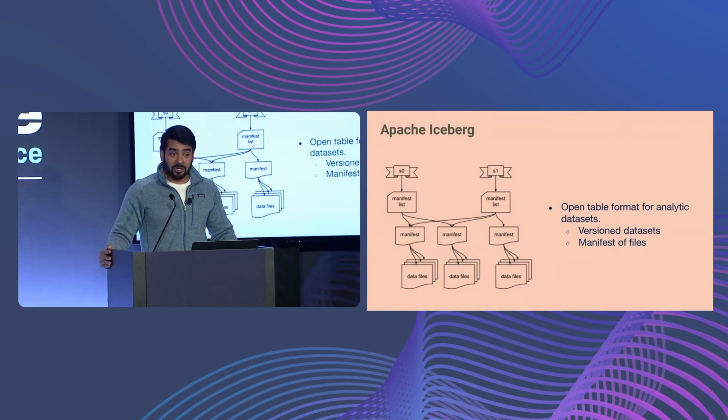I think this is a good time for me to introduce Iceberg because we'll be talking about how Iceberg is going to help us resolve the issues that I just mentioned. I'm pretty sure most of the folks here know what Iceberg is, so I won't go into the details. But for those who don't, Iceberg is an open table format for analytical datasets. The crucial thing about Iceberg that really helps with data deletion is the snapshot. It provides you a consistent view of a dataset at a given point in time, which is referred to as a snapshot.